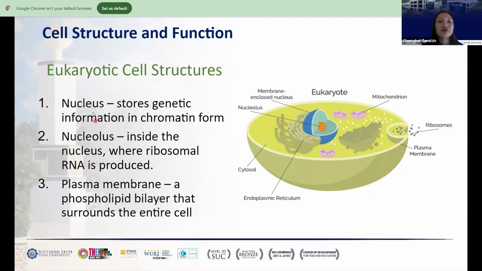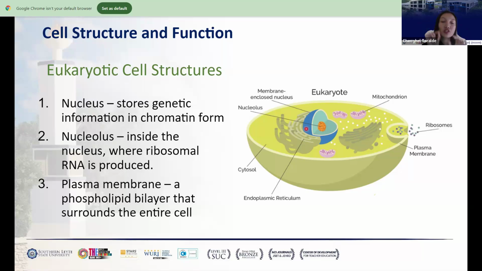So number one, nucleus. The nucleus is a distinct portion in the eukaryotic cell because it has a nuclear membrane and it houses the DNA in the form of chromatin, where your genetic information is stored.